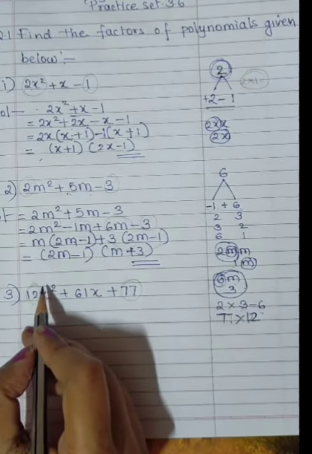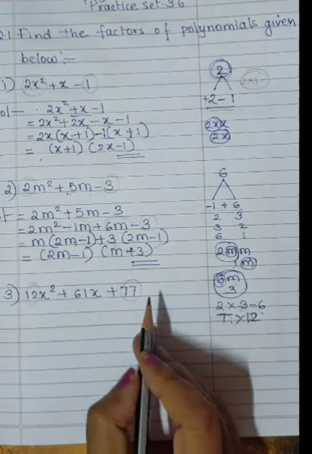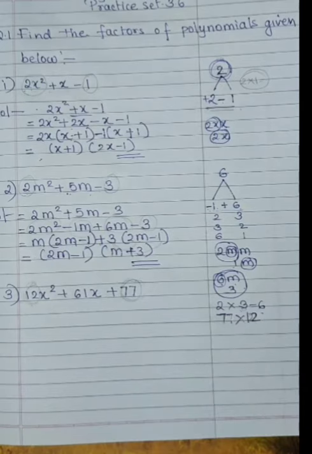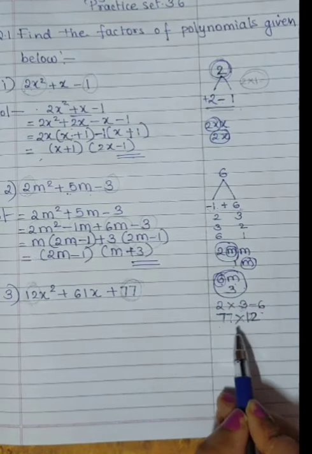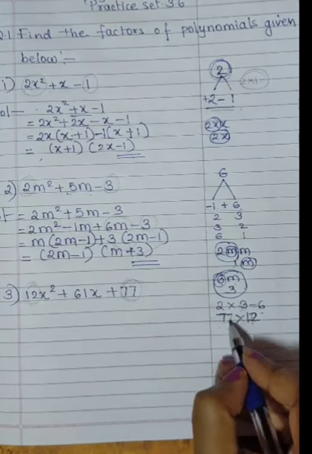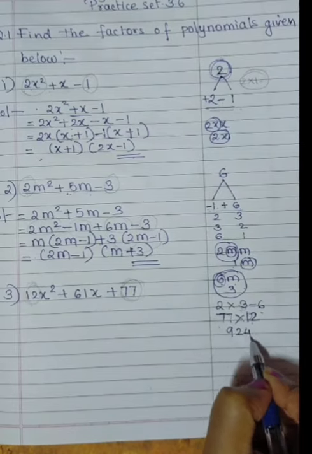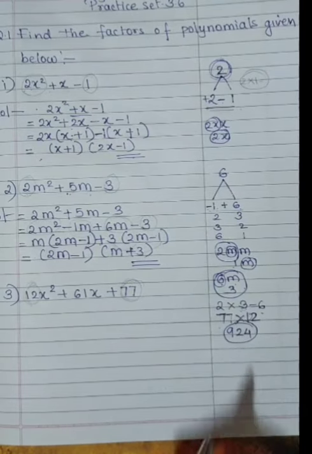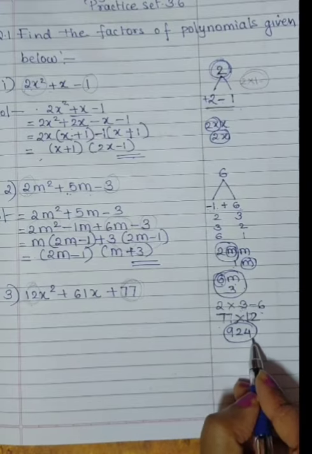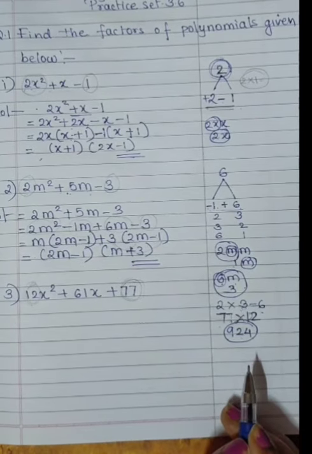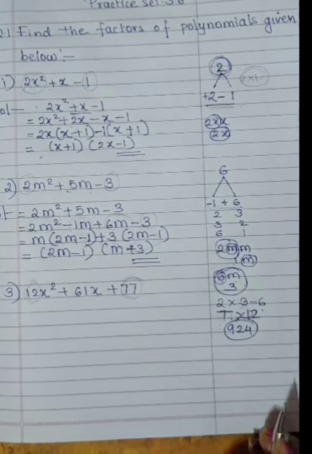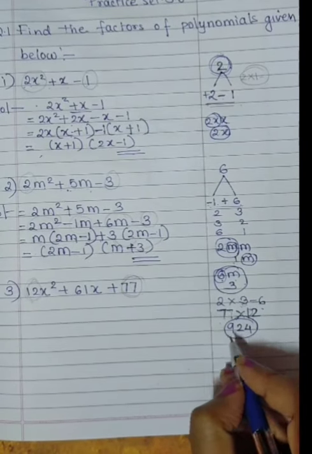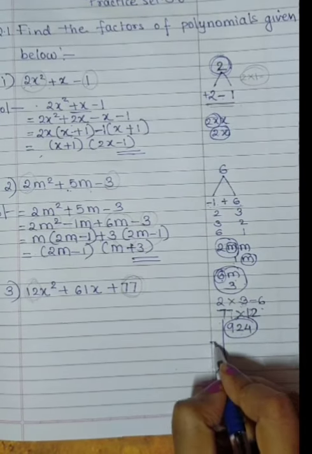Here we have to multiply the first coefficient with the last one. So when we multiply 77 by 12, we will get 924. Now here 924 is a big number, so the table is not possible, so we'll find the prime factors of 924.